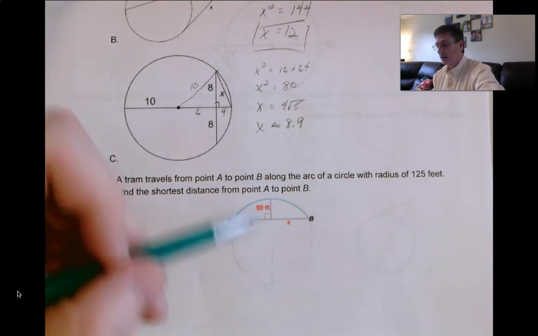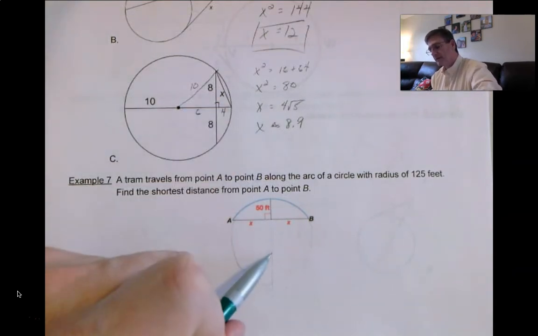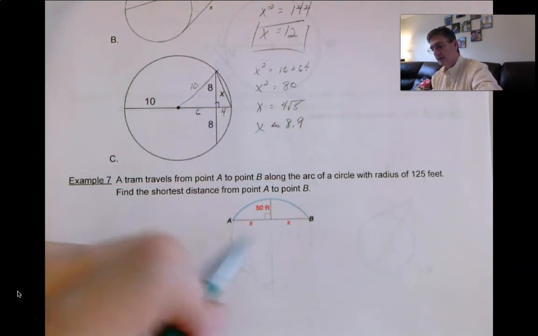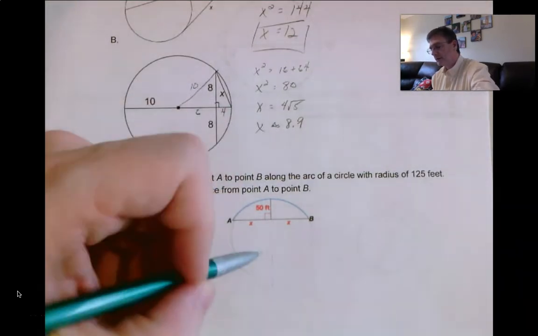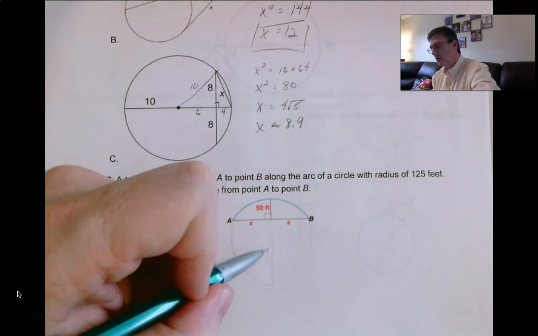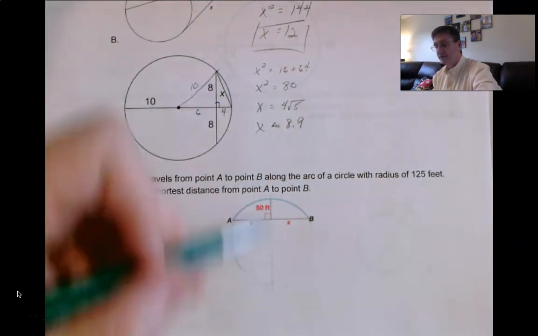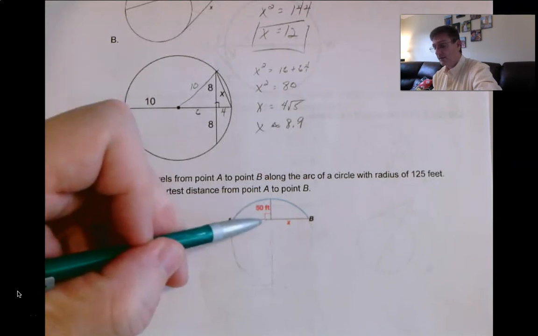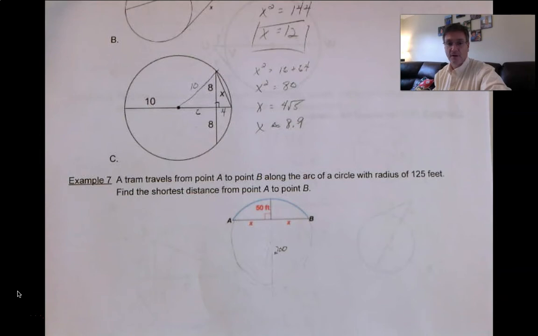Actually, I was thinking about doing the radius and doing the Pythagorean theorem like we did here, but I'm actually going to make this easier. If the whole radius is 125, then the diameter is 250. This is 50. This is 200 feet.